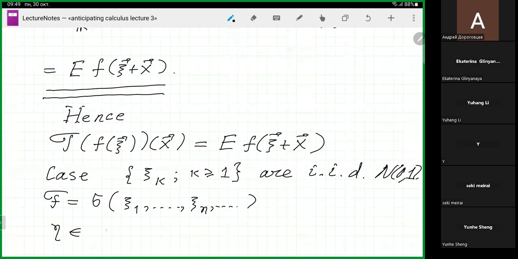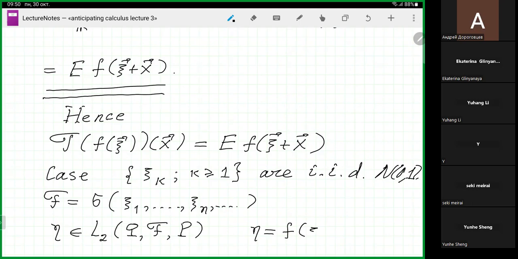Suppose that eta belongs to L2 of Omega, F, P. In the finite dimensional case, the fact that eta is measurable with respect to a standard Gaussian vector leads us to such a representation.